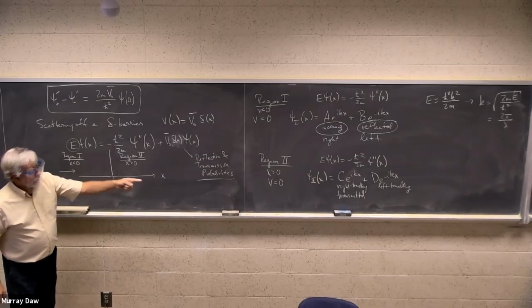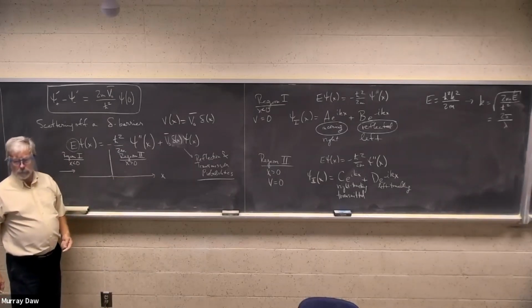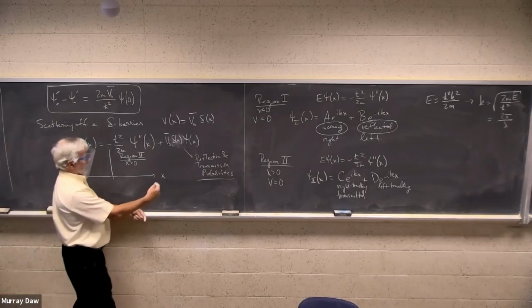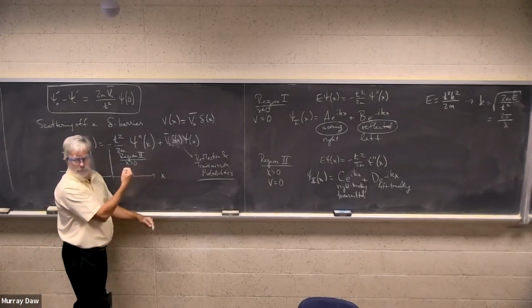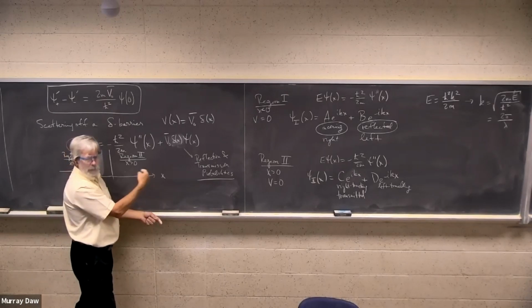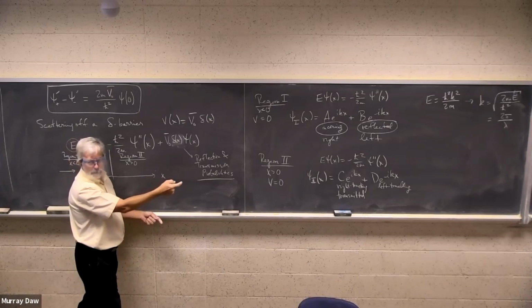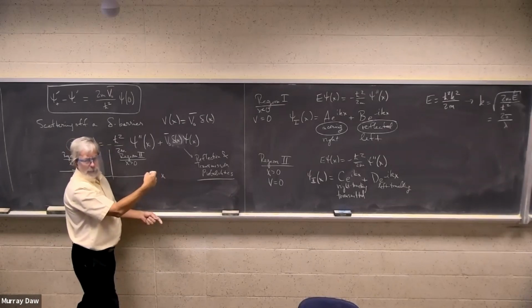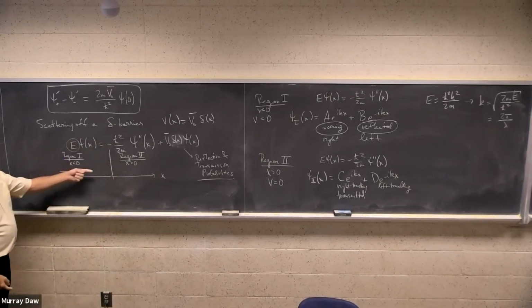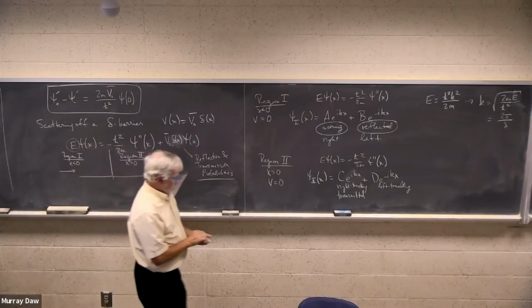How about that left traveling piece? That would mean that there's something coming from over here. But that can't be. There can't be anything coming from over here because there would have to be something over here that's creating it, pumping it in. But our setup says we've only got electrons coming in from this side. So we set that to 0.